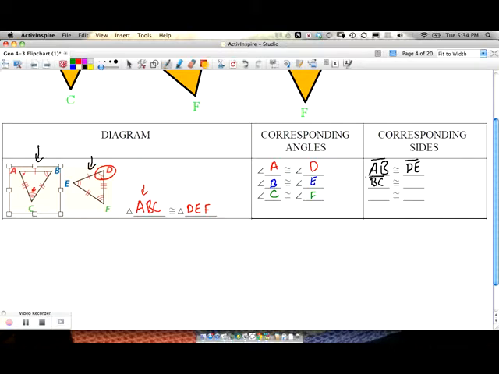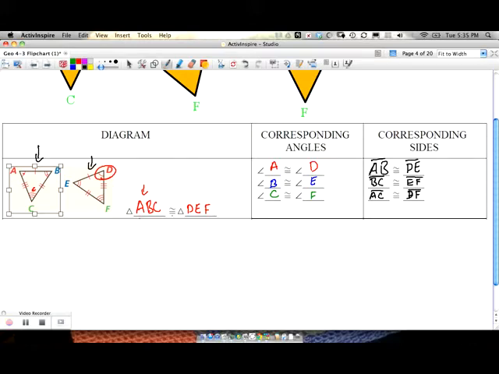Remember, these are line segments, so we got to put a line above them. It is going to match EF on the other side. And then the final one, the only one we haven't done, is AC, which would match DF on the second triangle.